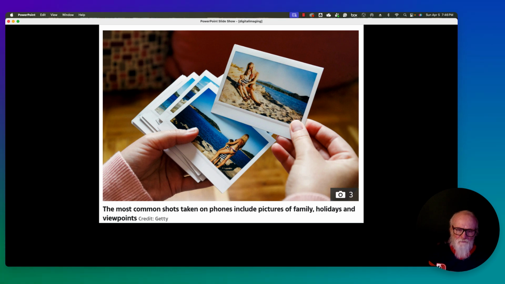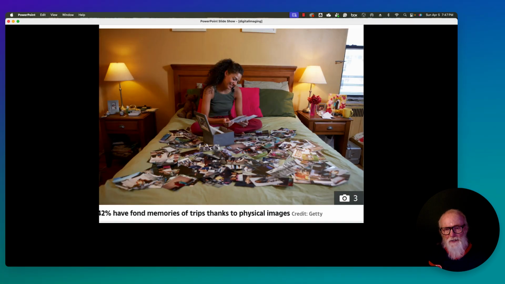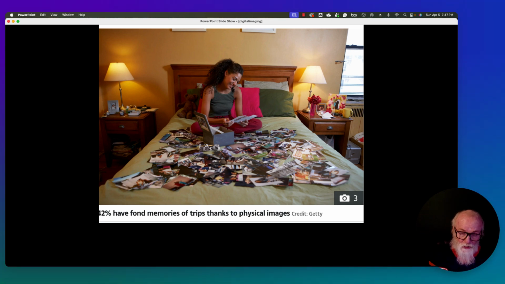Okay? Now notice that the most common shots on the phones are pictures of families, holidays, viewpoints, etc. Here's a woman. She has some fond memories of trips thanks to the physical images. So she has all these pictures. So we used to always use the photographs for things like what I'm showing you here.